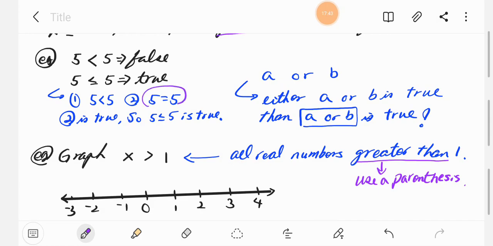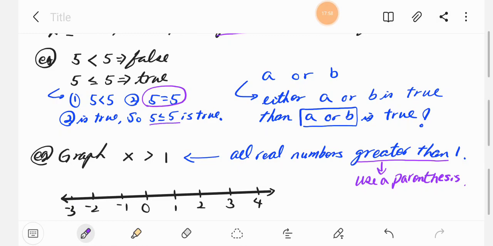Less than is false, but equal to is true.